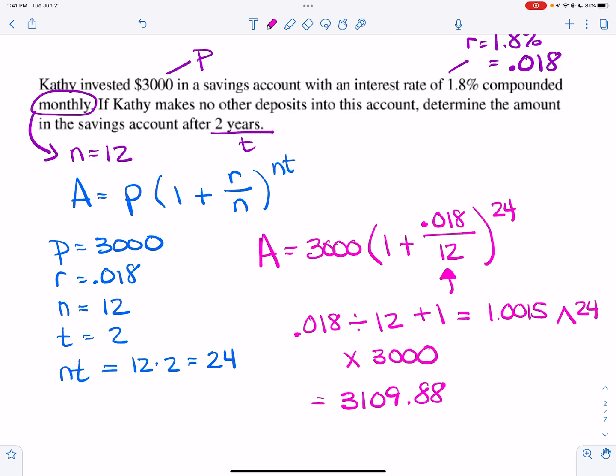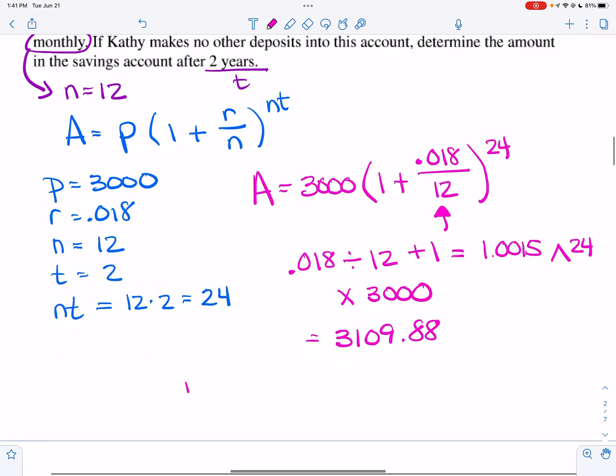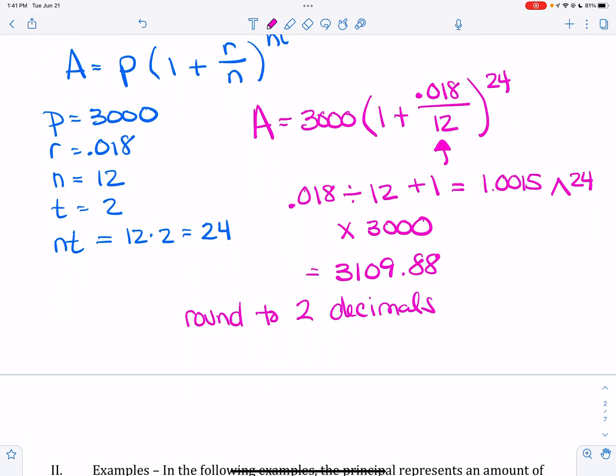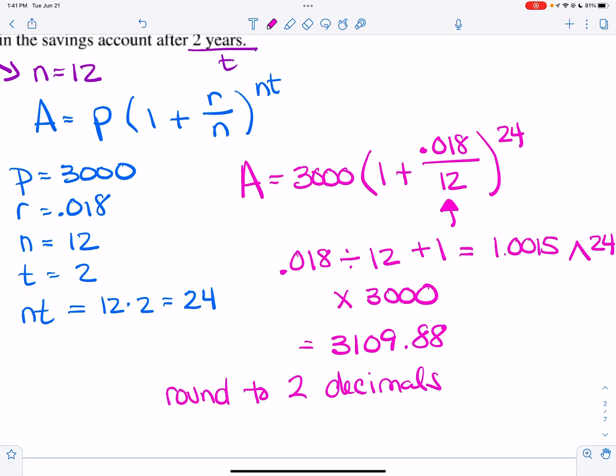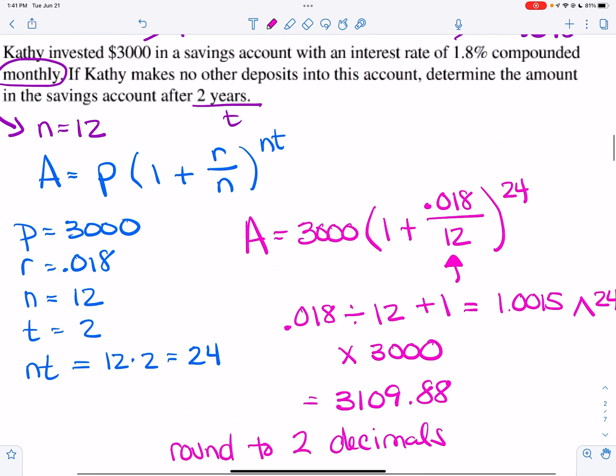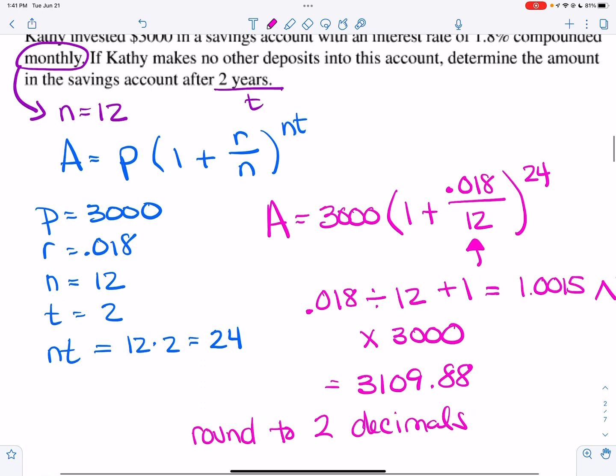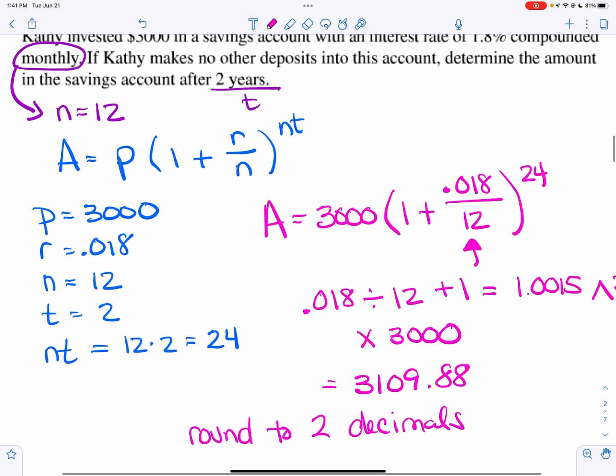And so I'm always going to round to 2 decimal places. So make sure you write that, round to 2 decimal places, okay, since we're dealing with money. And that's it, okay? So at the end of 2 years, I will have earned $109.88. And that's what they're just asking you for the amount that will be in this account.